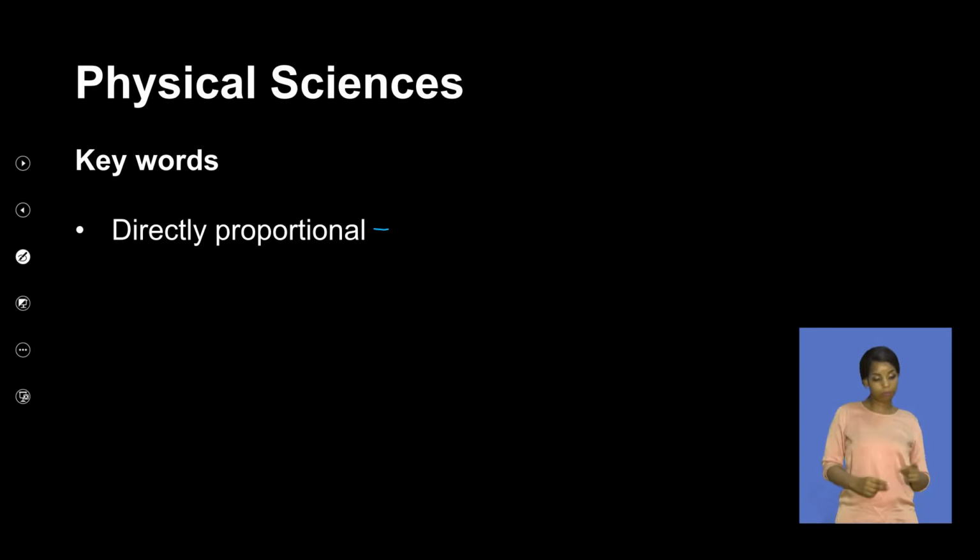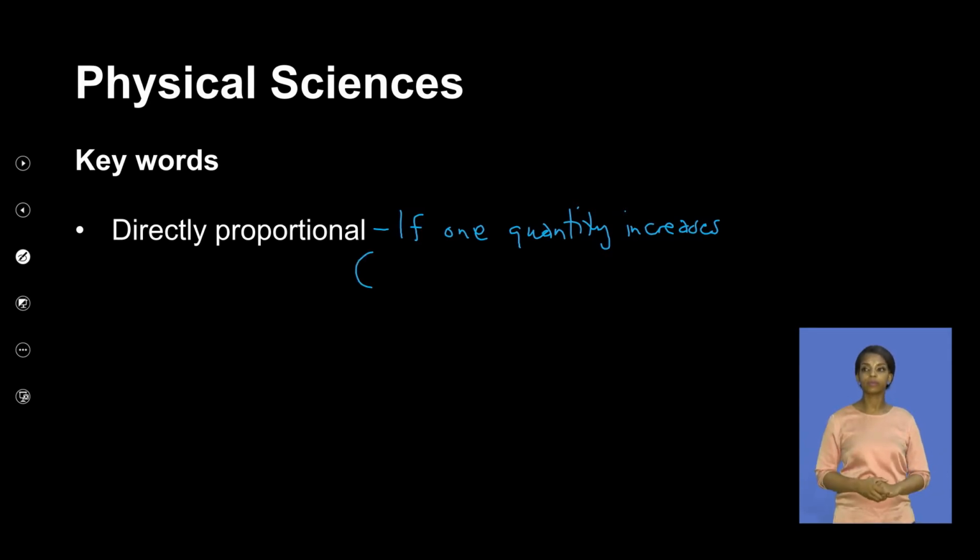If one increases, and then we're talking about the independent variable. If one quantity increases, for argument's sake, and this quantity is the independent, the one that is manipulated, the independent, okay? If one quantity increases, which is the independent, the other one also increases.